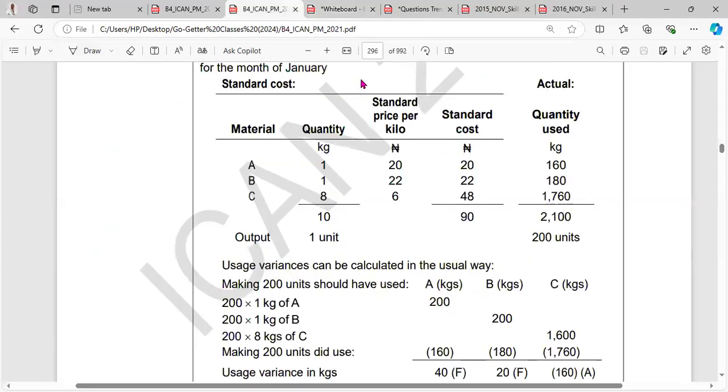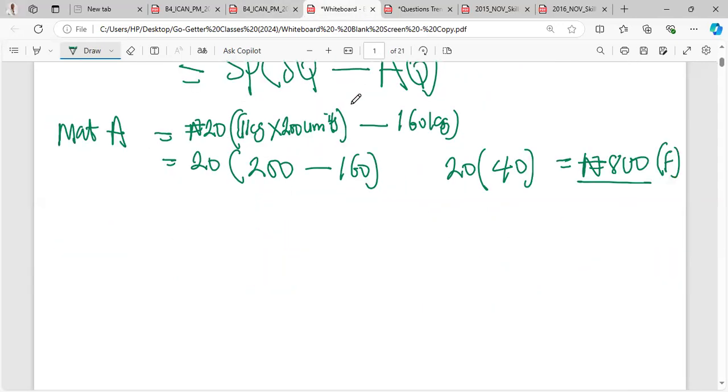Now let's look at material B. What is the standard price for material B? Standard price is 22 naira. So this is 22.